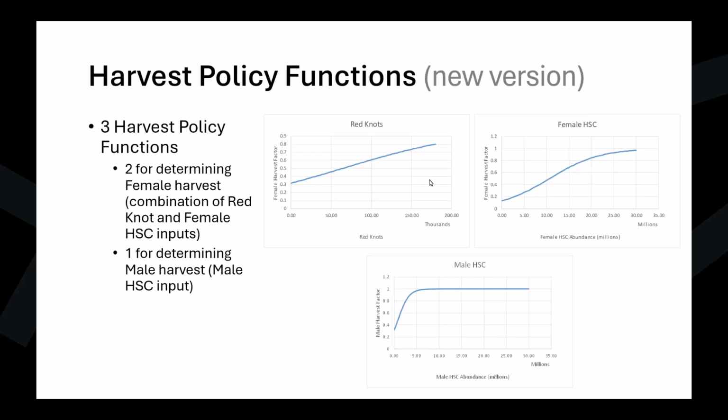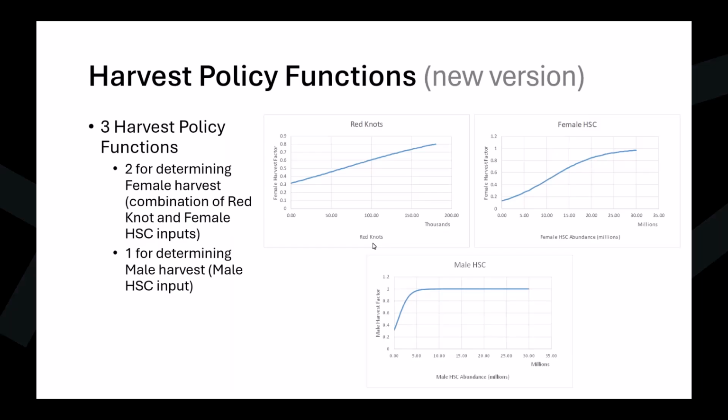One depends on female horseshoe crabs on the right. So you see on the x-axis, female horseshoe crabs. And on the left, red knots are on the x-axis. So for females, to get the harvest policy function, we're combining the harvest factor values for red knot and female horseshoe crab here.